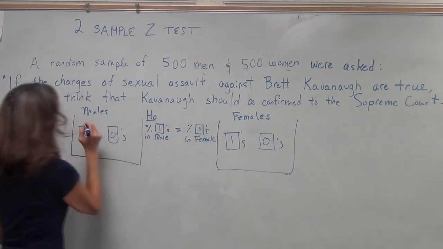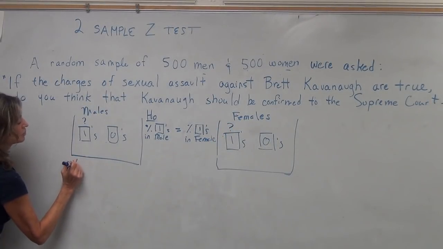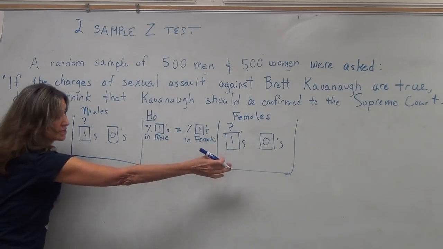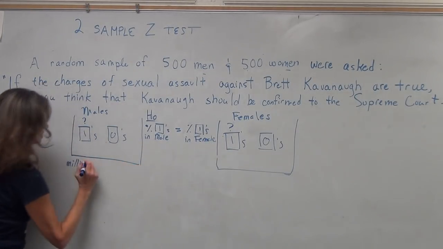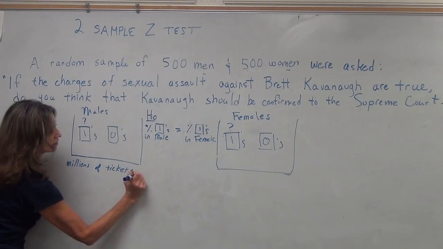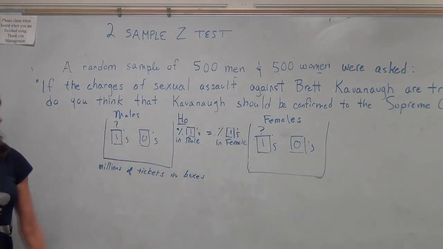We don't know them. There are millions of tickets, one for every single registered voter who's male and one for every single registered voter who's female, in both boxes.